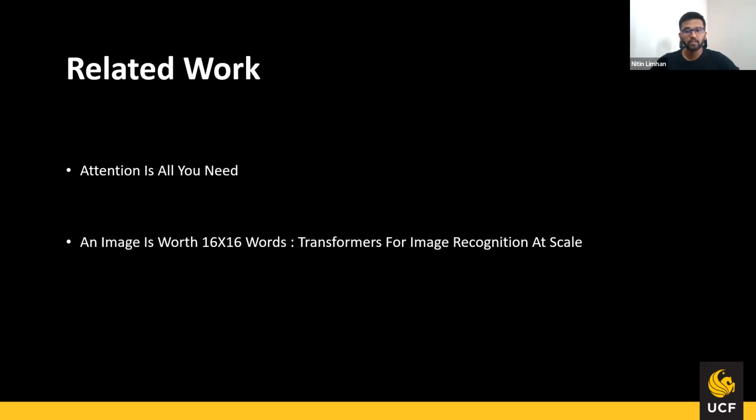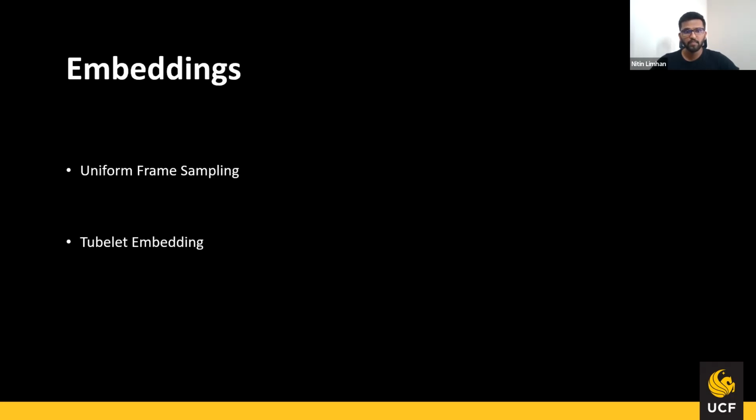The transformers allowed for significantly more parallelization and were better than the go-to CNN models in problems like sequence modeling. And the second paper, An Image is Worth 16x16 Words, which was covered in previous presentations, talks about how transformers were further extended to be used for image-related problems like image classification.